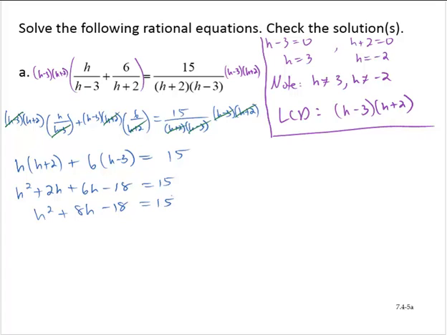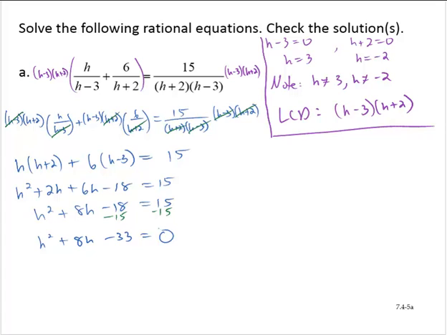And I see that this is quadratic, and let me get one side equal to 0 by subtracting 15 from both sides. So I have h squared plus 8h minus 33 is equal to 0.